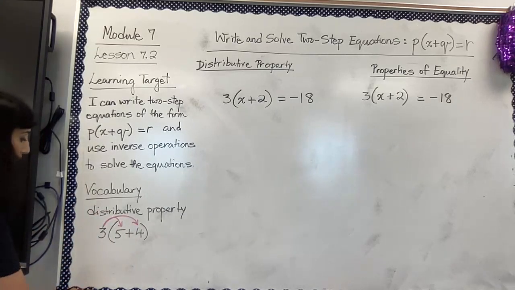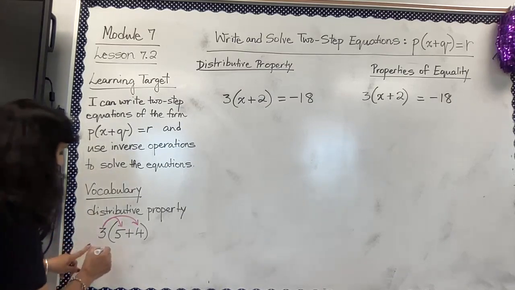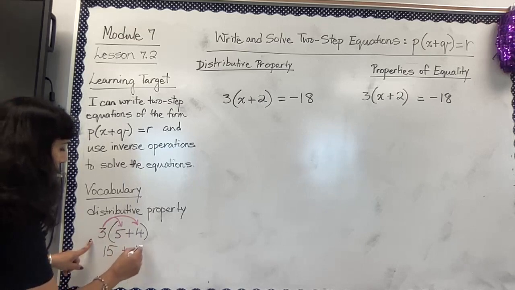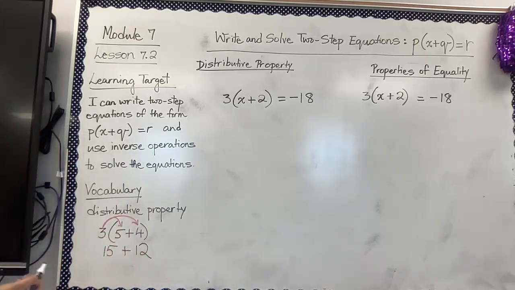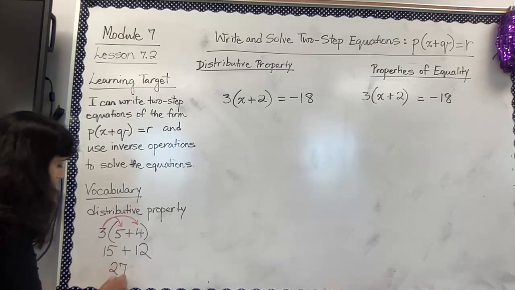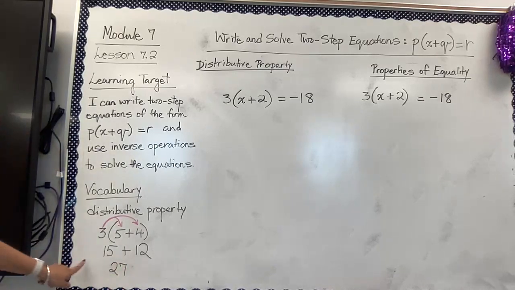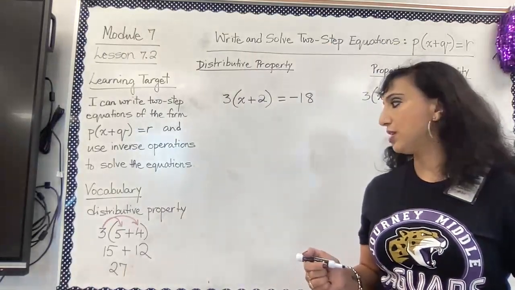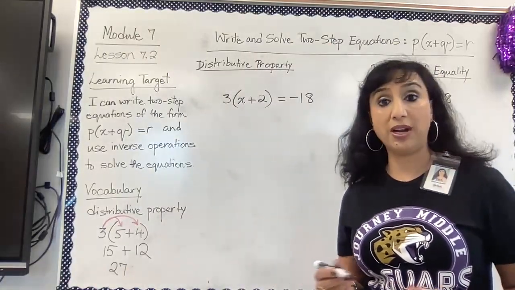I know that 3 times 5 is 15, plus 3 times 4 is 12, and then 15 and 12 gives me 27. So this is basically how the distributive property is done. I was just reviewing that vocabulary.